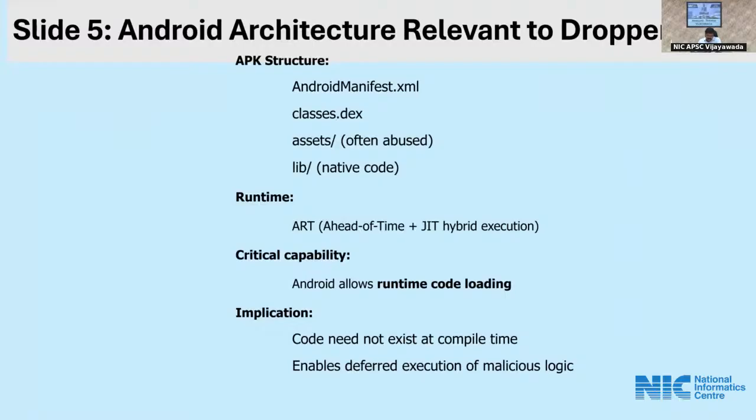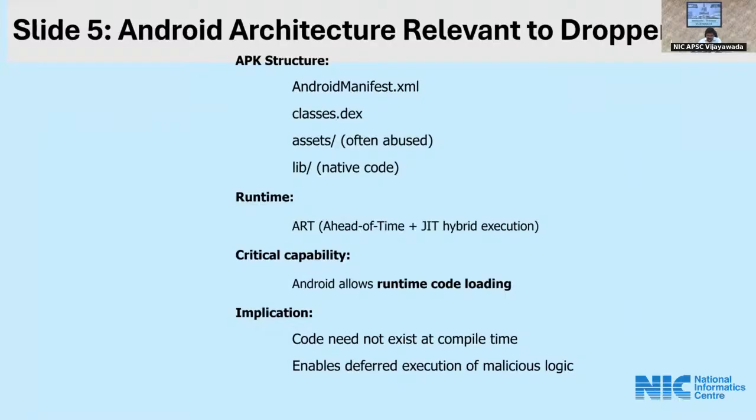Thirdly, resources.arsc and a resources folder. These contain images, layouts, strings, and other resources. Fourthly, the lib folder. This contains native code libraries, .so files, for different CPU architectures. And finally, the assets folder.